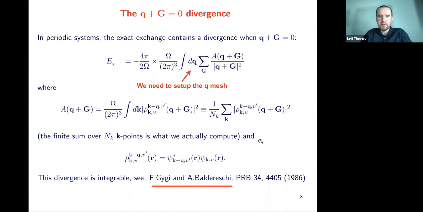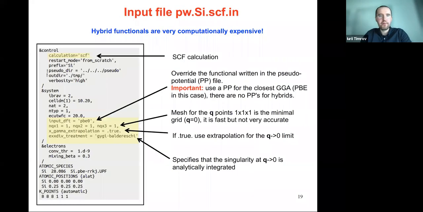So we will use this correction method to treat the divergence in this example. The input file for silicon with hybrid functionals is shown on this slide. In yellow, I highlight input parameters related to the hybrid functional.